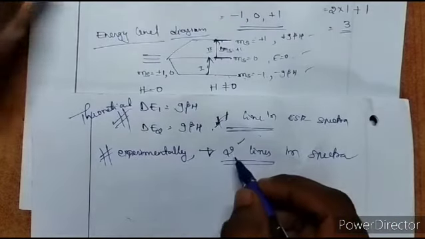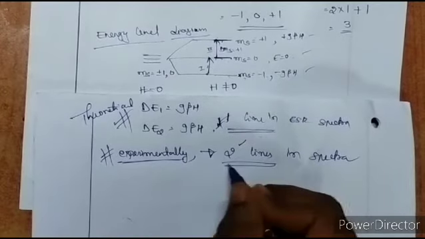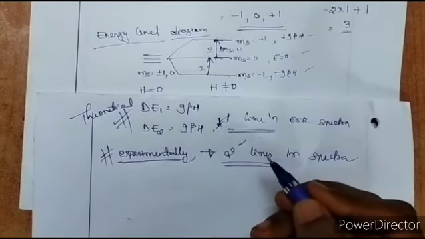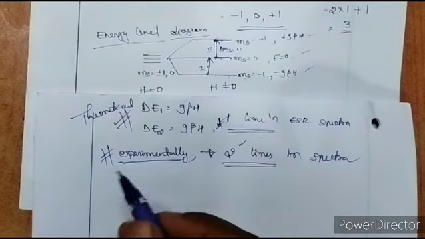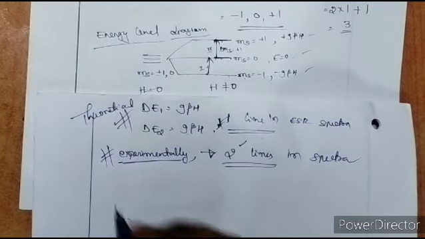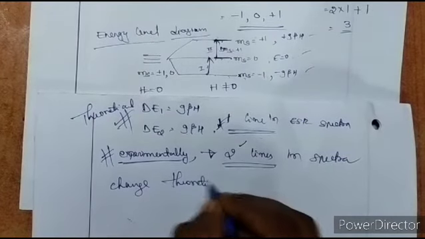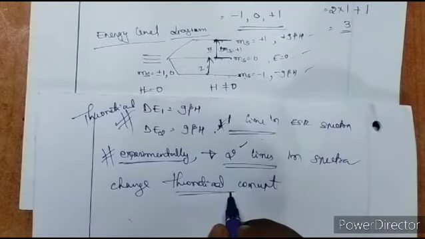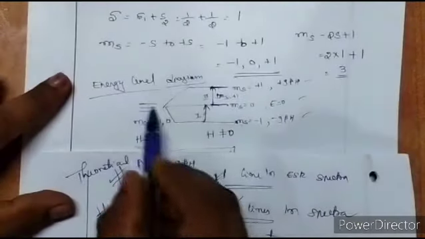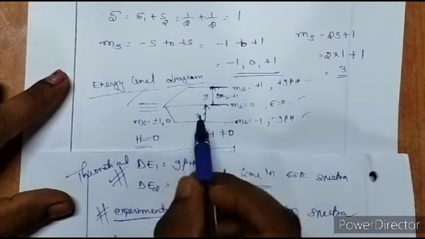Now, in order to explain how you get two lines in an ESR spectrum experimentally, we have to change the theoretical concept a little bit. That means whatever energy level diagram we have written in this case must be wrong.